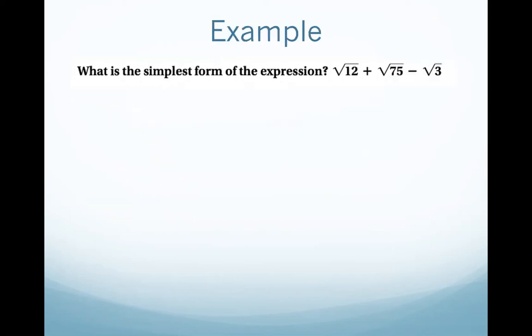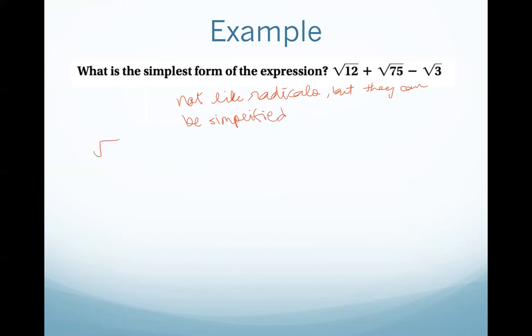In our next example, we want to find the simplest form of the given radical expression. The first thing that I notice is these are not like radicals, but they can be simplified.